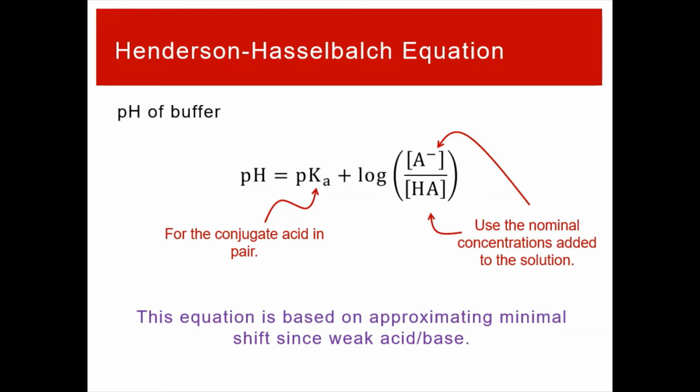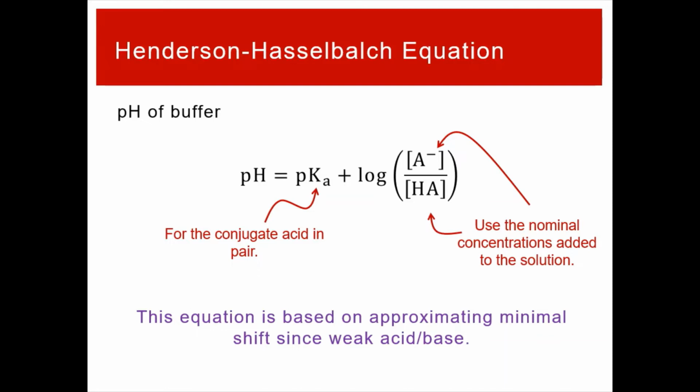You end up with this equation: the pH of a buffer is equal to pKa plus log, that's a base 10 log, of the concentration of A minus over the concentration of HA. How we can interpret this is that the pKa, remember Ka is the dissociation constant for our acid. P means the power scale, you take the negative log of the Ka.